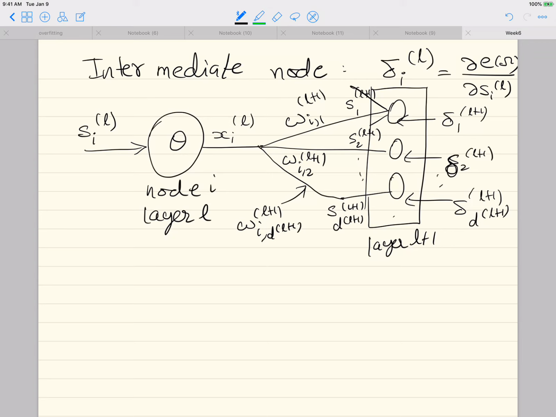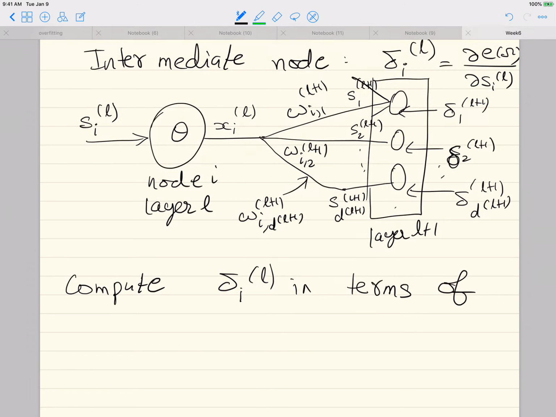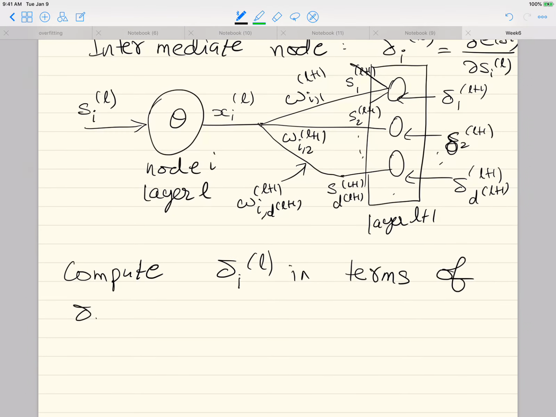And we would like to compute delta i of l in terms of the backward messages in the next layer. Delta 1 of l plus 1, delta 2 of l plus 1, up to delta d(l+1) of l plus 1. So what we will do is we have computed the backward messages at the last layer for capital L.